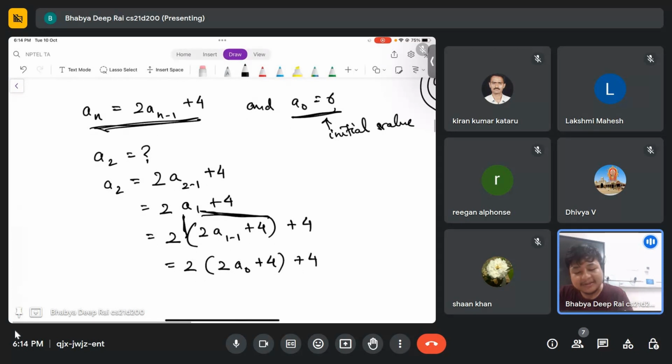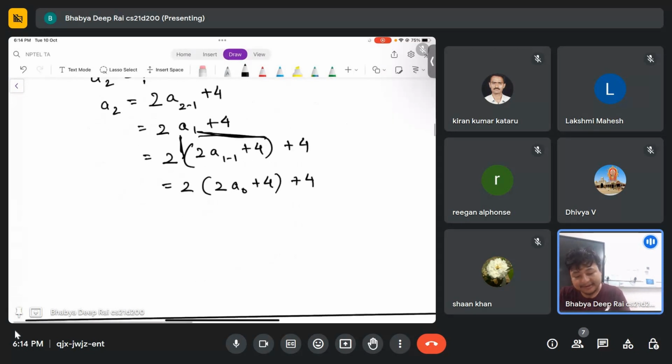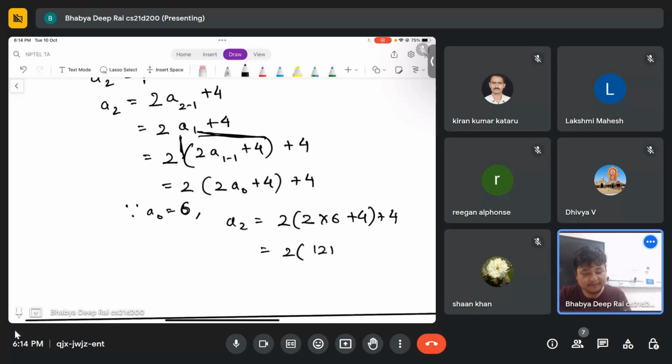The initial value says that a_0 is equal to 6. So a_2 is equal to 2 times (2 times 6 plus 4) plus 4. 2 times 6 is 12, plus 4 is 16, times 2 is 32, plus 4 is 36.